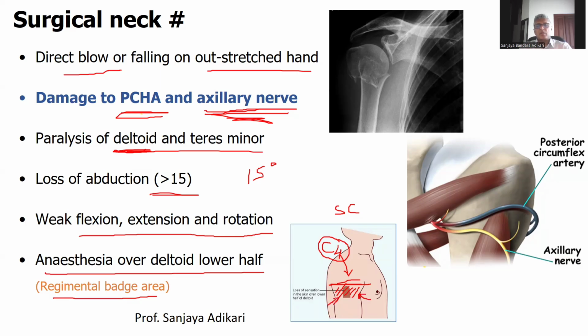They compensate for the anterior and posterior sides, but the middle part where the regimental badge is applied is completely anesthetized because of the damage to the nerve. Anteriorly and posteriorly there is overlap with other nerves. Okay, that's the reason. And the dermatome here in the lower half is C5, you know that. C5 brought in by the axillary nerve.